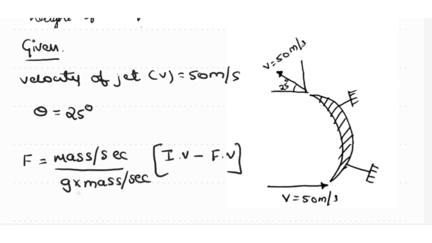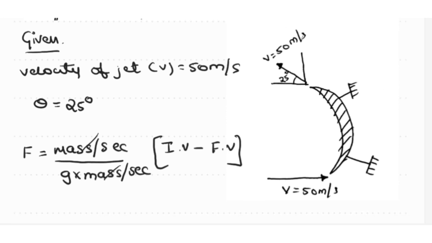Usually there will be g into mass per second in the denominator, so mass per second and mass per second get cancelled. So here there is no need of the diameter of jet to solve the problem, and it's also not given in the question.